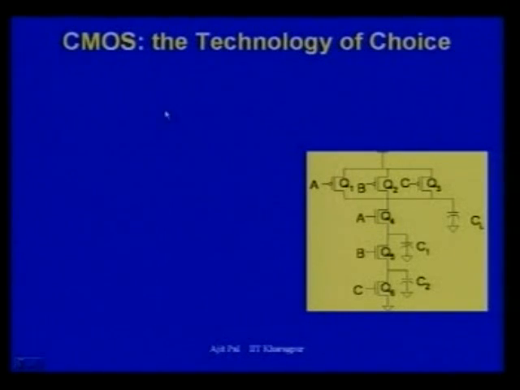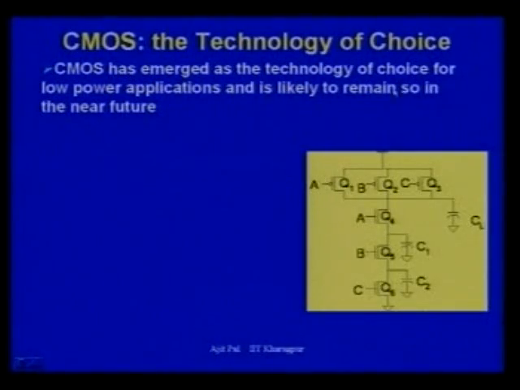Now I shall discuss the technology which is used in realizing VLSI circuits. In this particular course, fundamentals of CMOS circuits have already been introduced to you, and you know basic ideas about CMOS. And CMOS is the technology that is being used nowadays in realizing VLSI circuits.